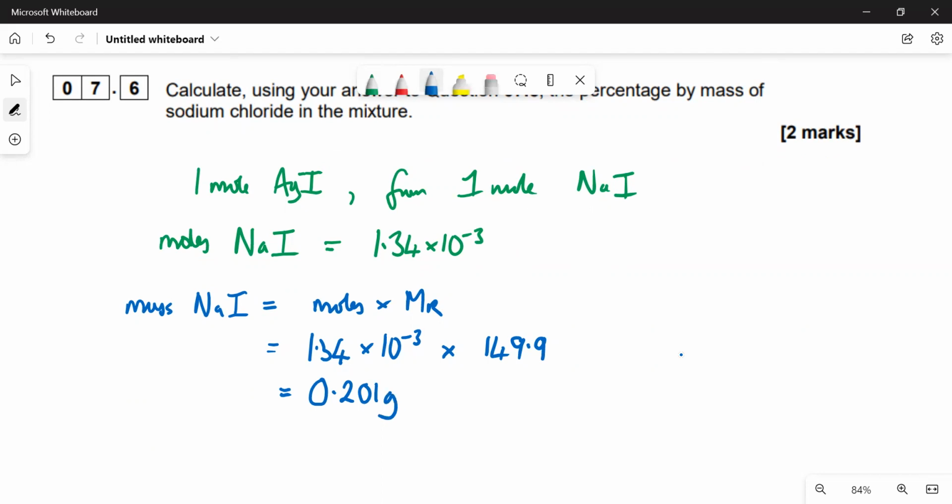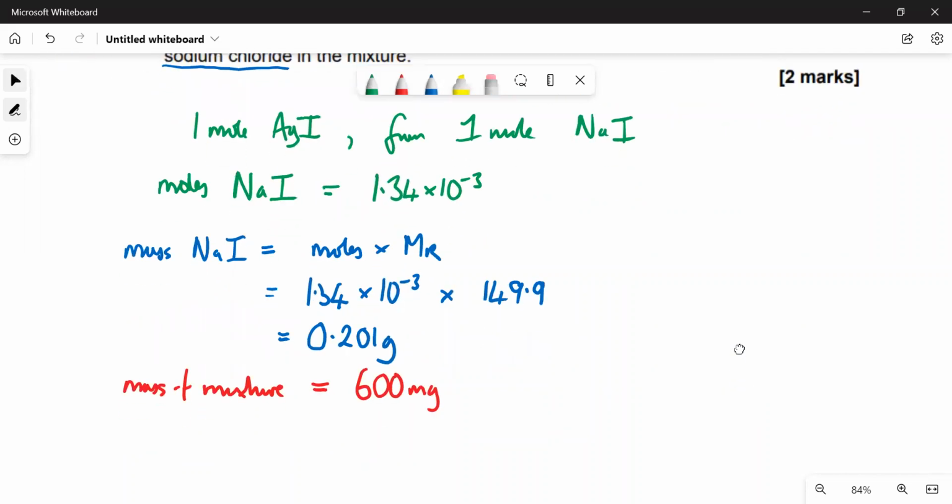Right, it's asking us the percentage by mass of sodium chloride in the mixture. Right, what was the mass of the original mixture? The total mass of the original? Well, that was 600 milligrams, which is equal to 0.6 grams.